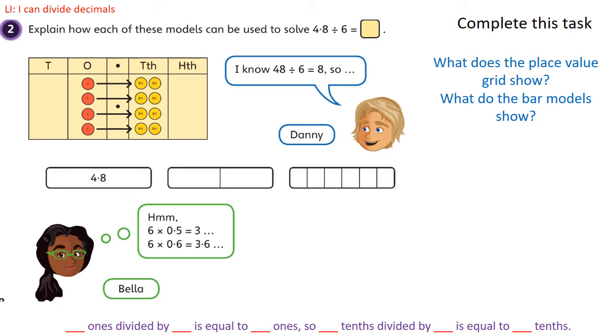How many tenths are in a whole one? 10 tenths are in a whole one. So I'm going to add in an extra 40 tenths, add that to the 8 that I've already got there. So I've got 48 tenths.